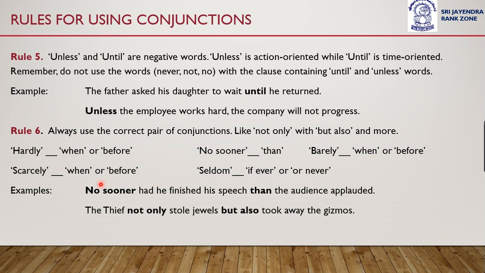Similarly, scarcely should be followed by when or before, and seldom should be followed by if ever or never. So seldom would be followed by if ever or never. Another example for the use of correlative conjunction in a sentence is: the thief not only stole jewels but also took away the gizmos. So with not only we use but also.